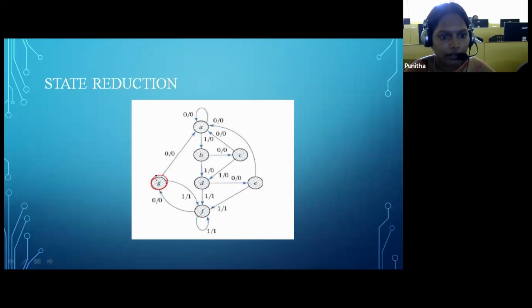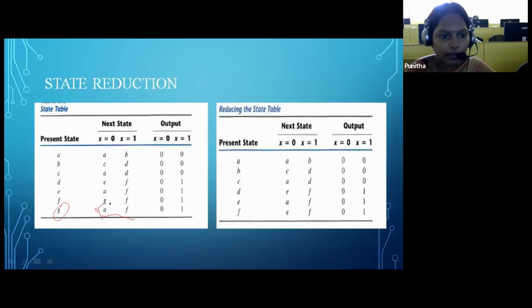For G, I'm applying the 0 input, and my next state will be A. If I apply 1 for G, then the next state will be F. So for G, if I apply 0 and 1, my next state will be AF. This is the next state table I have made from the state diagram.